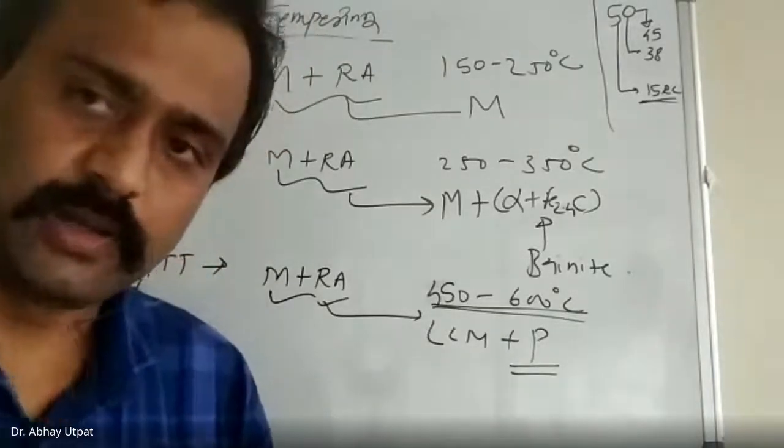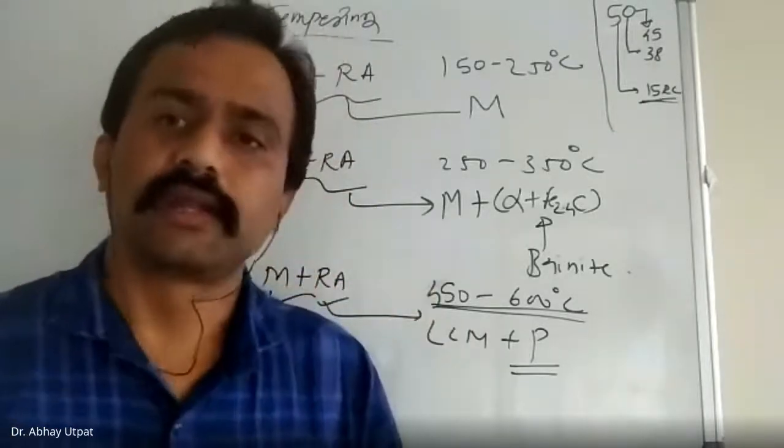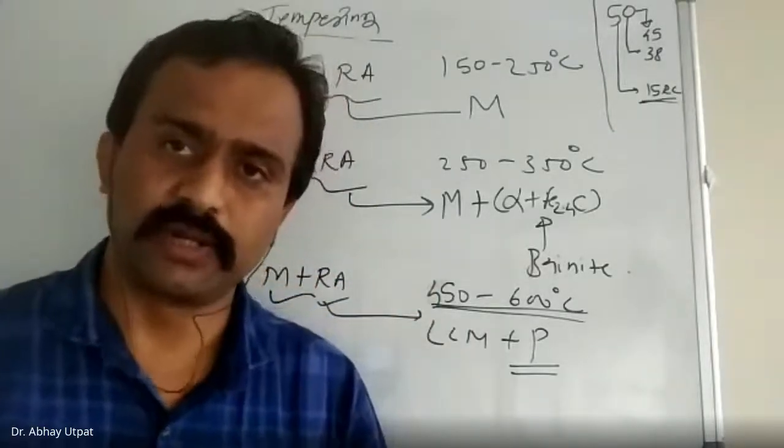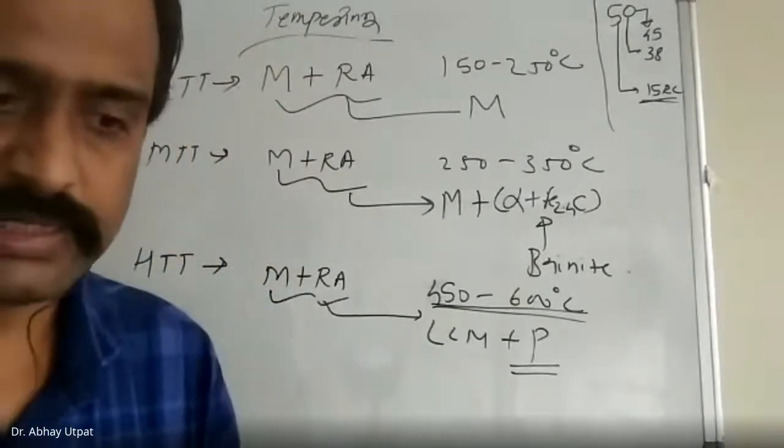Now make a star mark on this statement: retained austenite is converted into low carbon martensite.